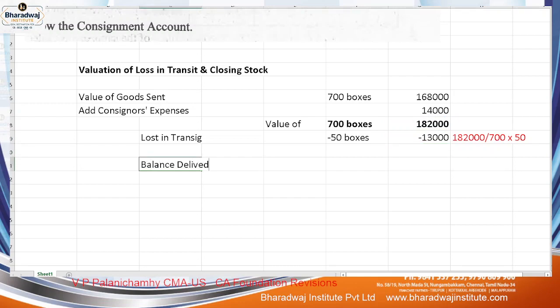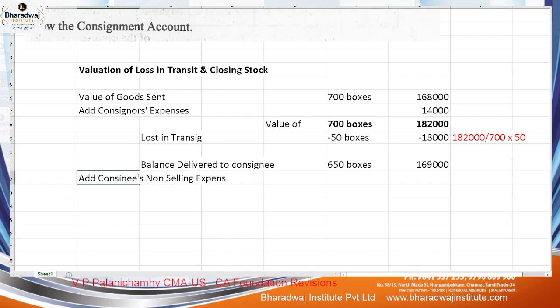Balance delivered. எவ்வளவு boxes டெலிவர் ஆயிருக்கும்? 650 boxes டெலிவர் ஆயிருக்கு. அதோட வேல்யூ 1,82,000 minus 13,000. Add consignor's or consignee's non-selling expenses. Any non-selling expense of the consignee are non-recurring expenses.